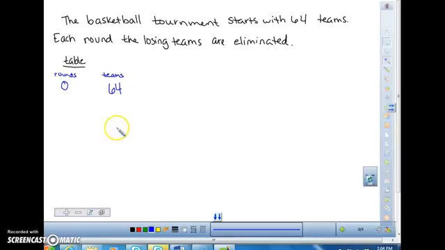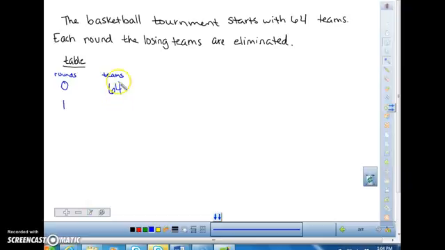All right, it's March Madness, and the basketball tournament starts with 64 teams, let's say. And each round, the losing teams are eliminated. So if we start with round 0, we start out the tournament with 64 teams. So after they play their first game, half of those teams would be eliminated, because there's only going to be 1 team that moves on.